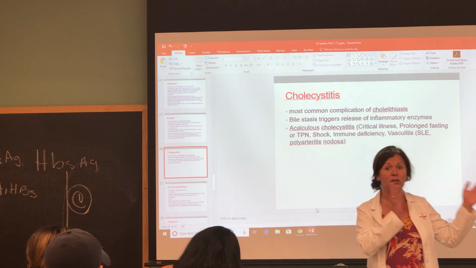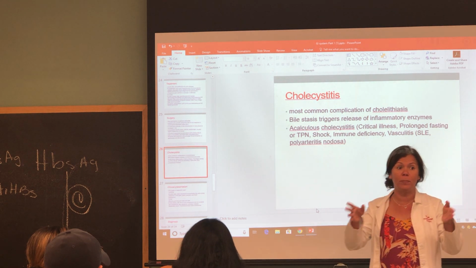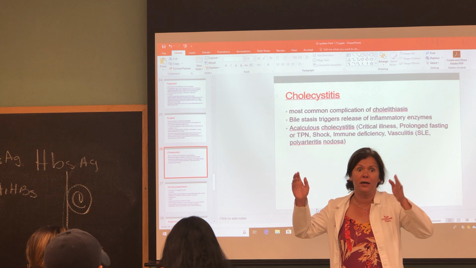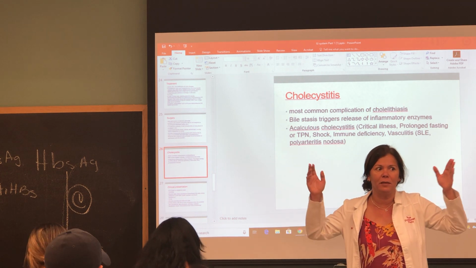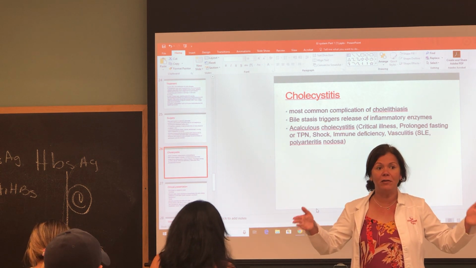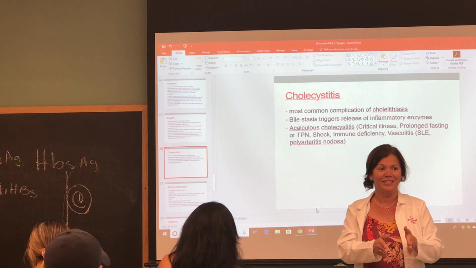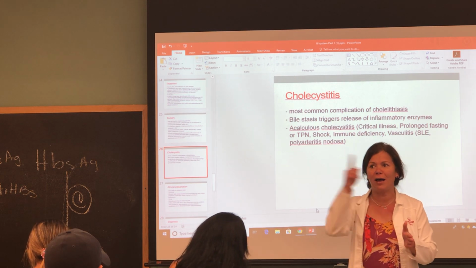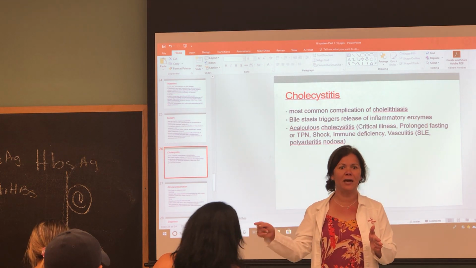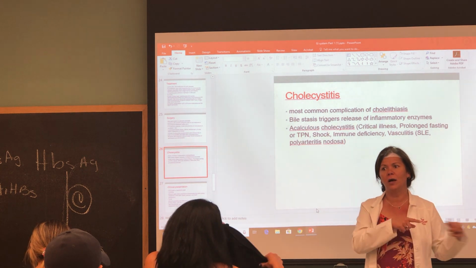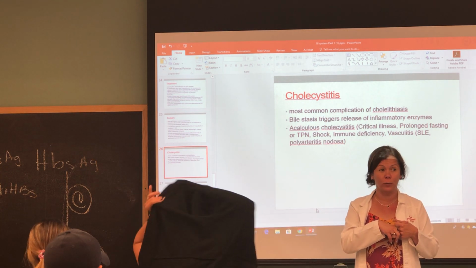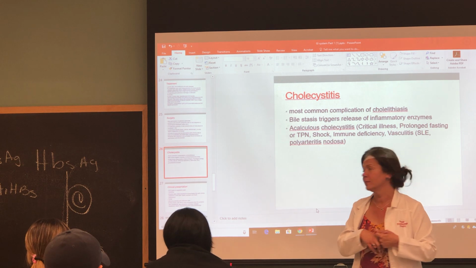Either if it was a CABG patient, that now the patient is on epinephrine and levophed, and dobutamine, and the patient is critically ill, even if the patient has recovered, sometimes the patients would have an acalculous cholecystitis due to the ischemic process that the patients went through before, okay?